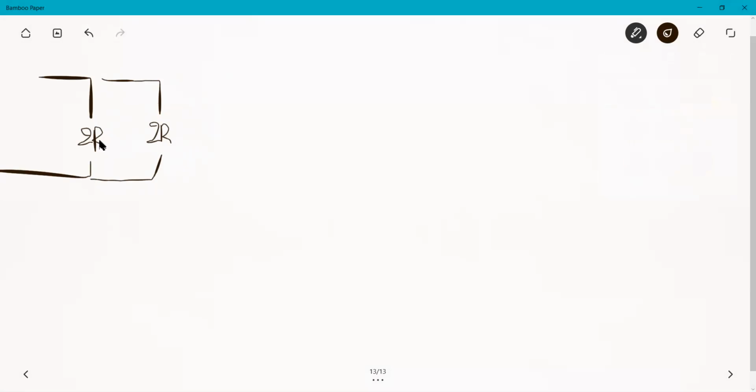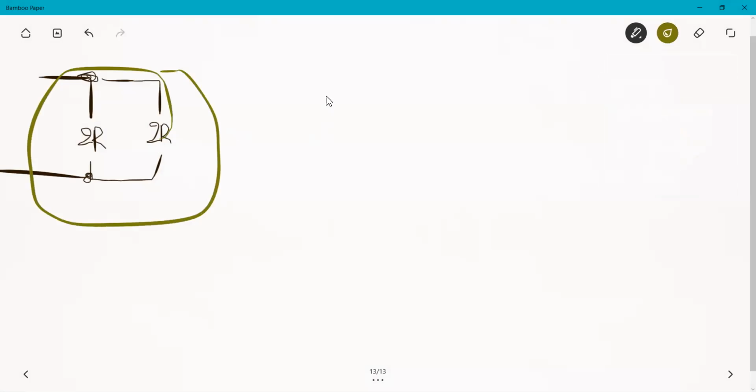Then you see that these two resistors share both of their terminals, which means that now they are in parallel. So these two now make a single R, okay?